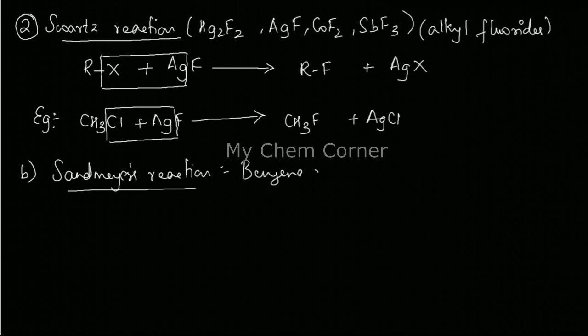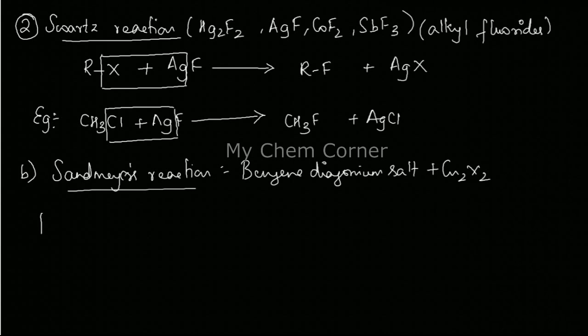benzene diazonium salt plus Cu2X2. This is the starting material for a Sandmeyer's reaction. But the problem is, benzene diazonium salt is not easily available, so we need to prepare it. Alright, how do we do that? I'm going to go one step before it.